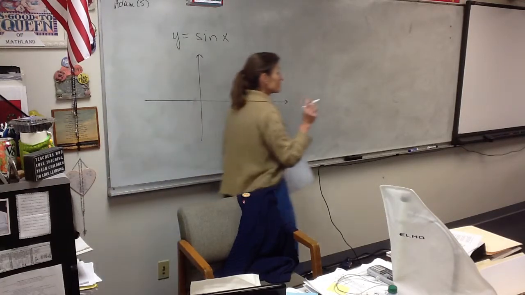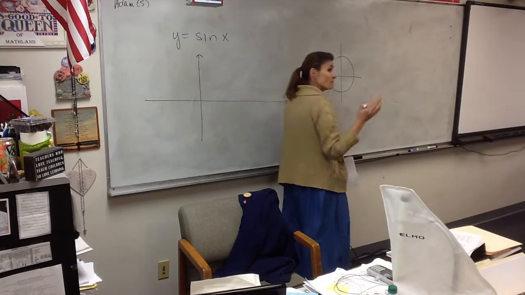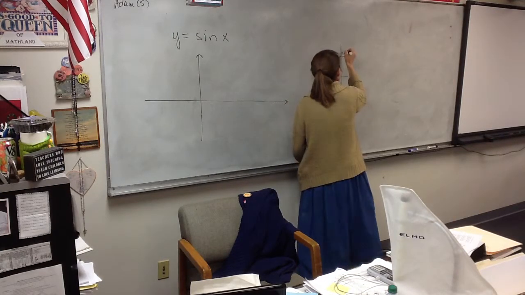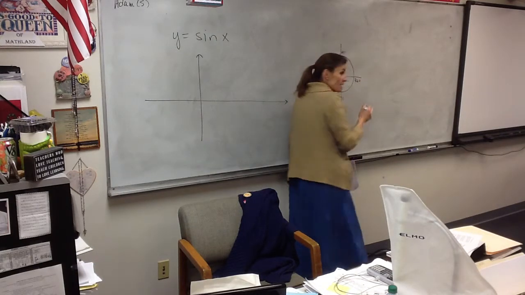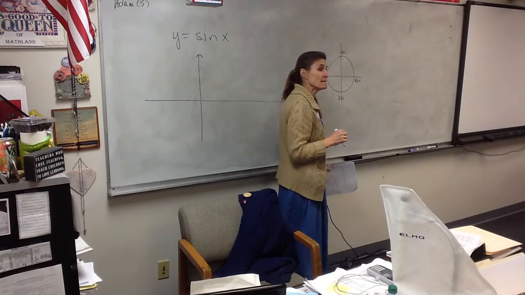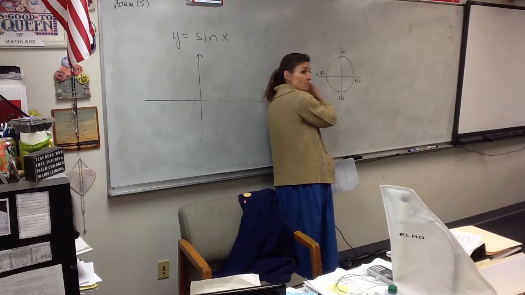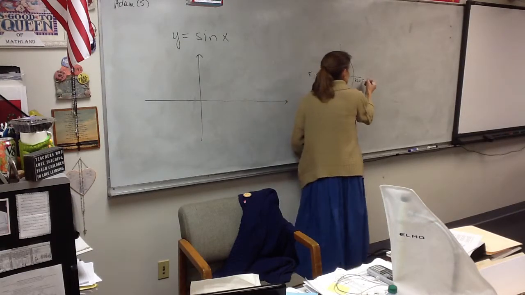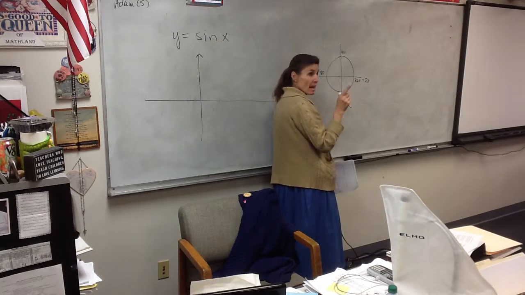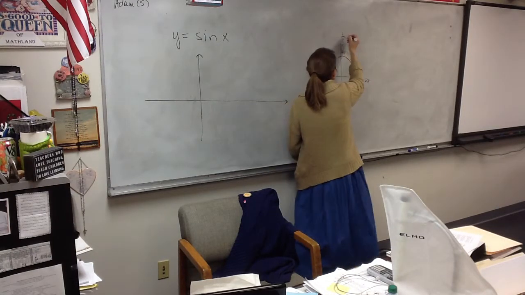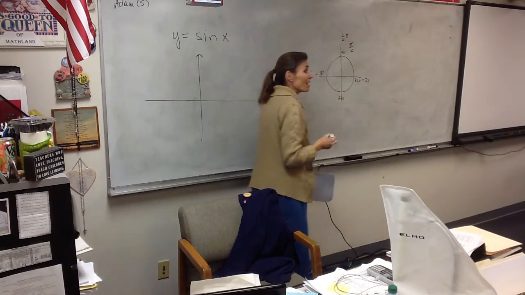However, I need you to remember that in your circle, as you were doing problems like on the quiz, you were thinking this was 90, this was 180, this was 270, and this was 360, right? Well, how about in radians? Well, remember, 180 is the same as pi, right? So that's pi. What's 360? 2 pi. How about 90? 1/2 pi, which you can either write as 1/2 pi, or I prefer pi over 2, pi divided by 2.